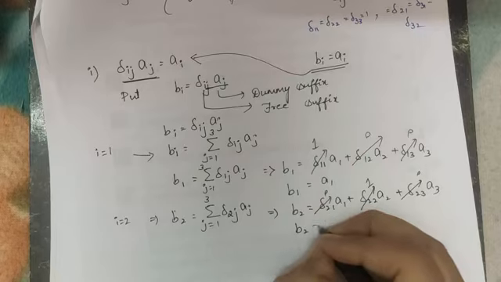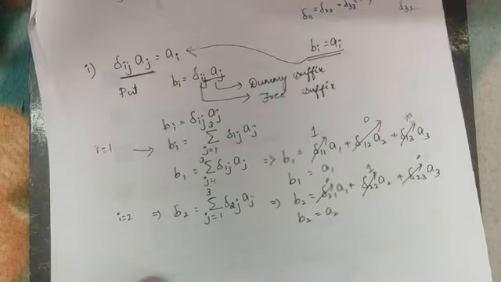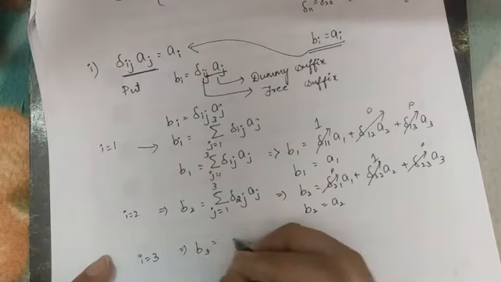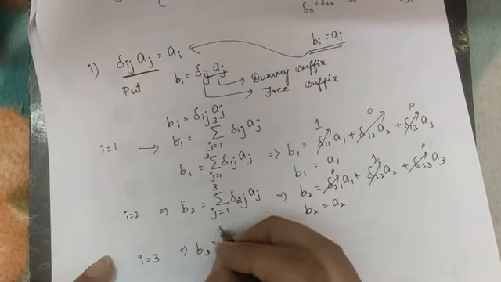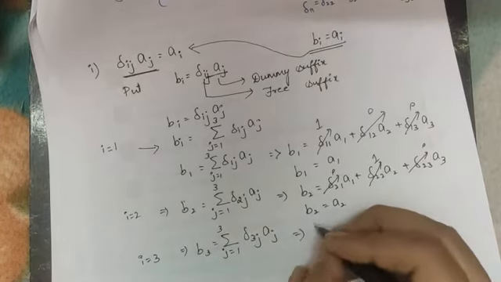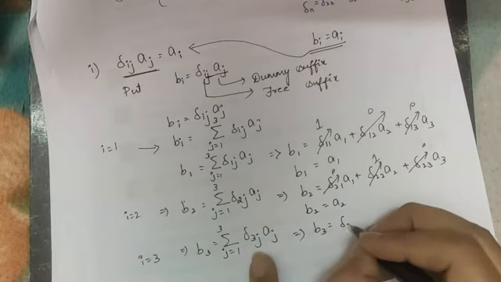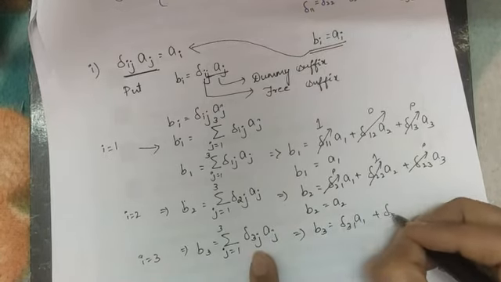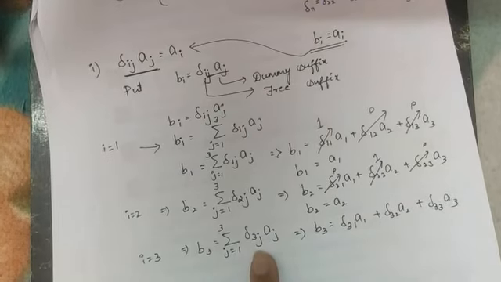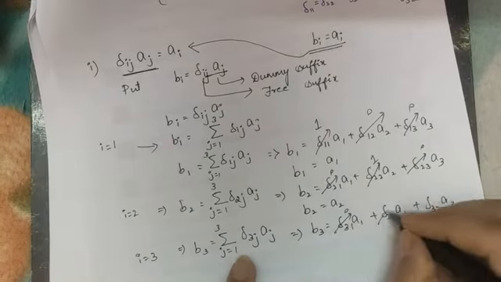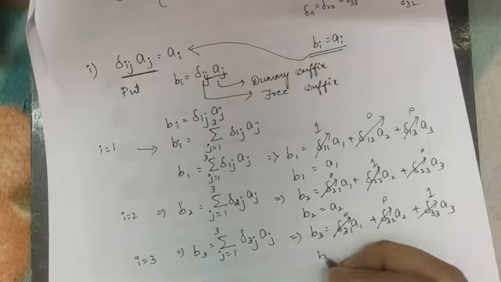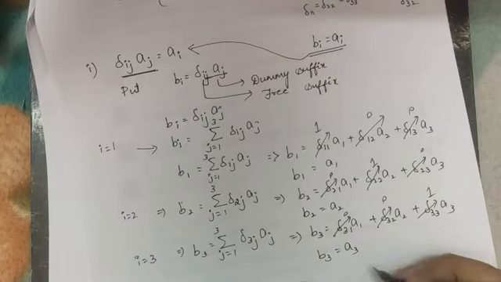So you will get b2 is equal to a2. Similarly, when i is equal to 3, you will get b3 is equal to summation j is equal to 1 to 3 delta 3j aj. So this is nothing but b3 is equal to delta 31 a1 plus delta 32 a2 plus delta 33 a3. Here delta 31 is 0, delta 32 is 0, whereas delta 33 is 1. So you will get b3 is equal to a3.